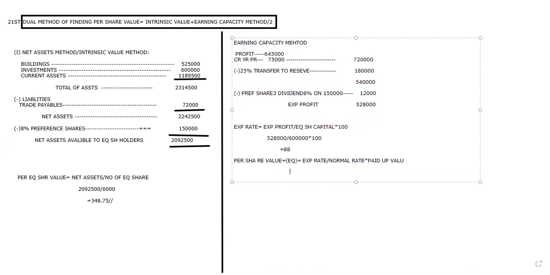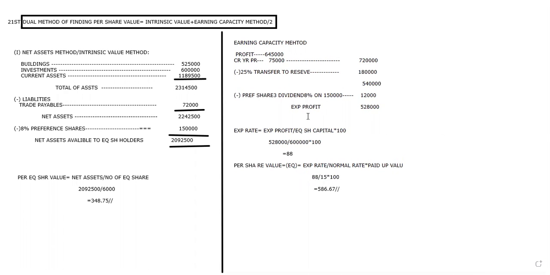Expected rate we got is 88, divided by normal rate, which he said is 15, into paid up value of 100 rupees. Then we are going to get the answer as 586.67. So this is the second answer.